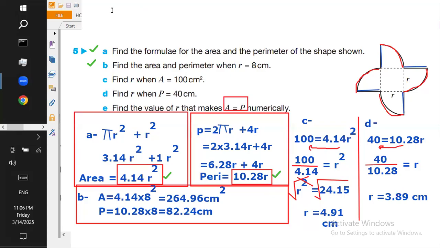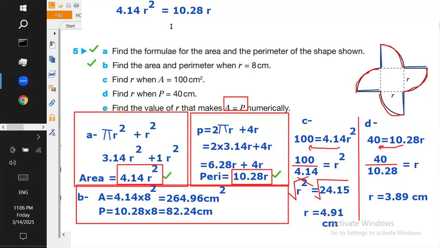So 4.414 r squared equals 10.28 r, like this. That's the question, and that's how you answer it. You just put an equal sign between them.